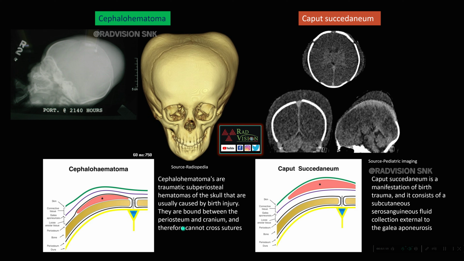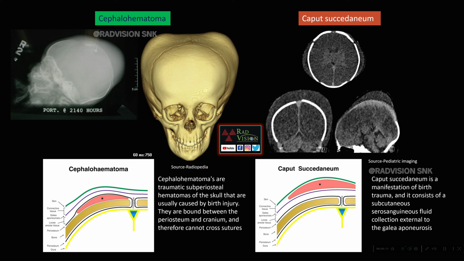Whereas here you can see there is diffuse scalp swelling crossing the sutural lines, which is a serosanguinous or subcutaneous fluid collection external to the galea aponeurotica. So this is the galea aponeurotica, and superficially you can see this is the serosanguinous collection, so it can cross the sutural lines. Cephalohematoma cannot cross the sutural lines, whereas caput succedaneum crosses the sutural lines.